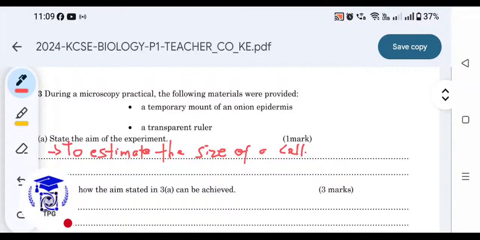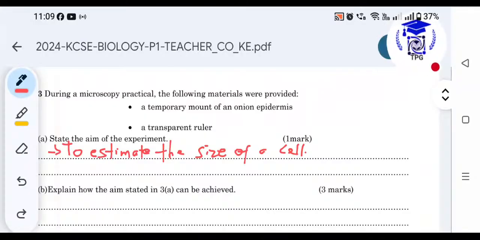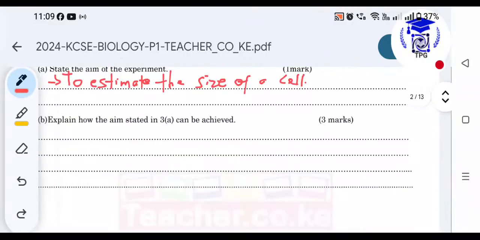The next question reads, explain how the aim stated in 3A can be achieved. How can we be able to achieve that?